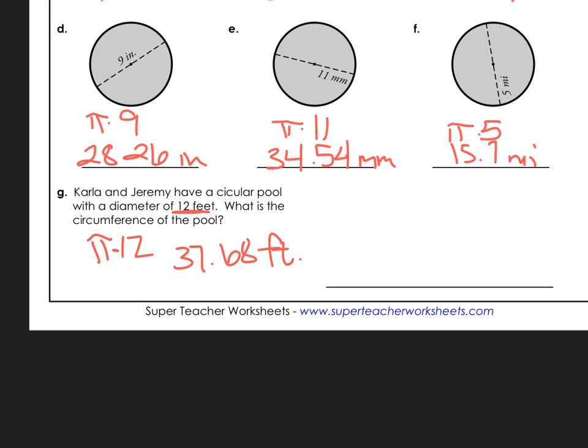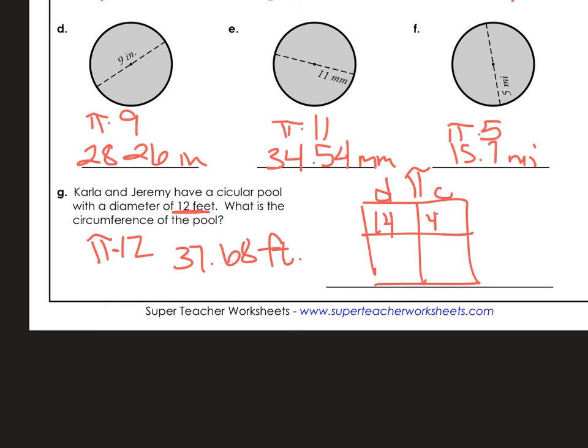So let's say I have this chart. Let's say diameter, and this is circumference. Let's say my diameter is 14. So pi is my constant of proportionality. So 14 times pi. Let me get my calculator out here. 14 times pi, 3.14, I get 43.96.